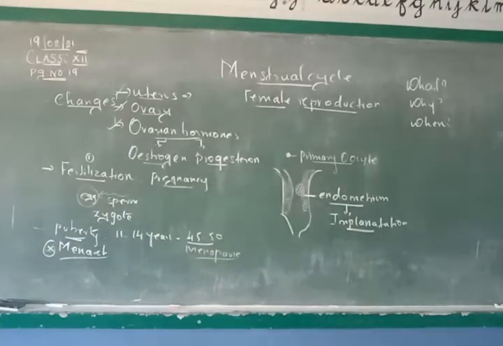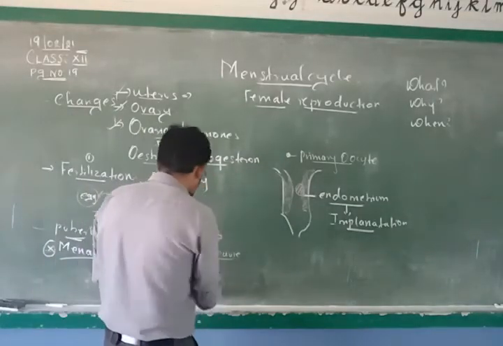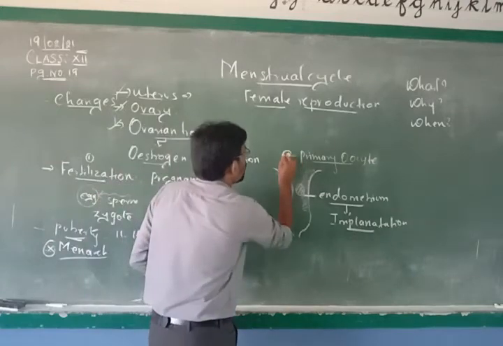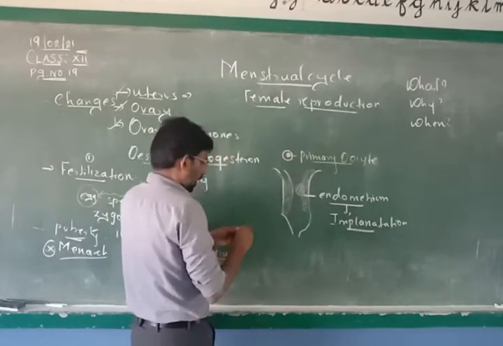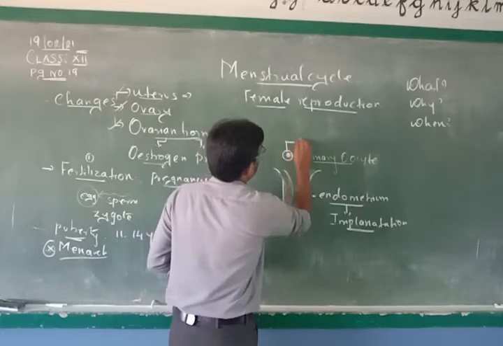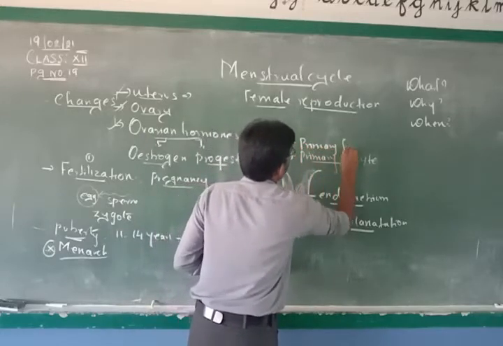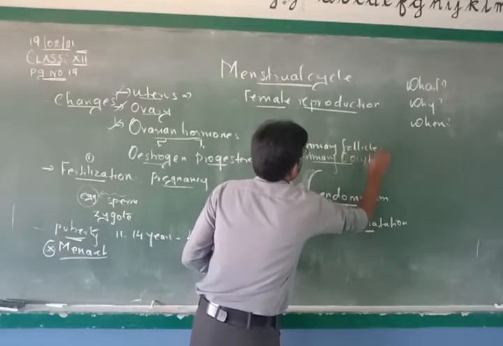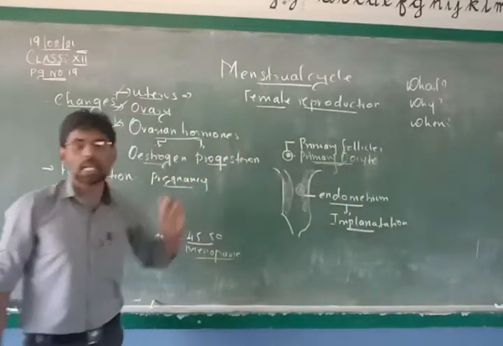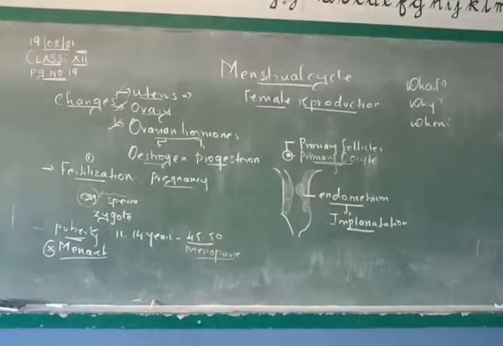Clear? And these primary oocytes will be surrounded by a layer outside, and that layer is called primary follicles. So a primary oocyte will be surrounded by a layer outside called primary follicles.